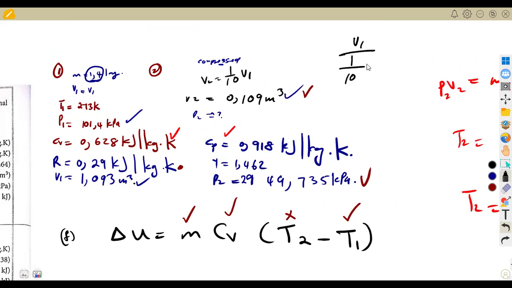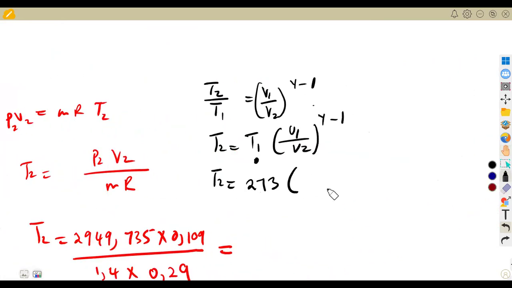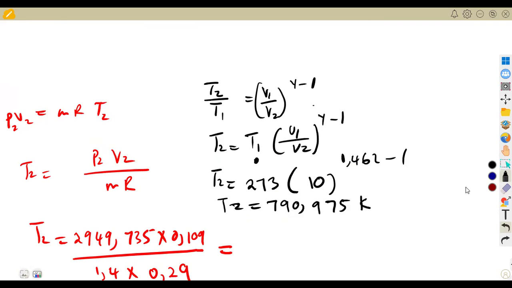So 1 divided by 1 over 10 is 10. So this is 10 to the exponent of gamma, which is 1.462, minus 1. That gives us T2, which in this case is the one that I used, 790.975 Kelvin.